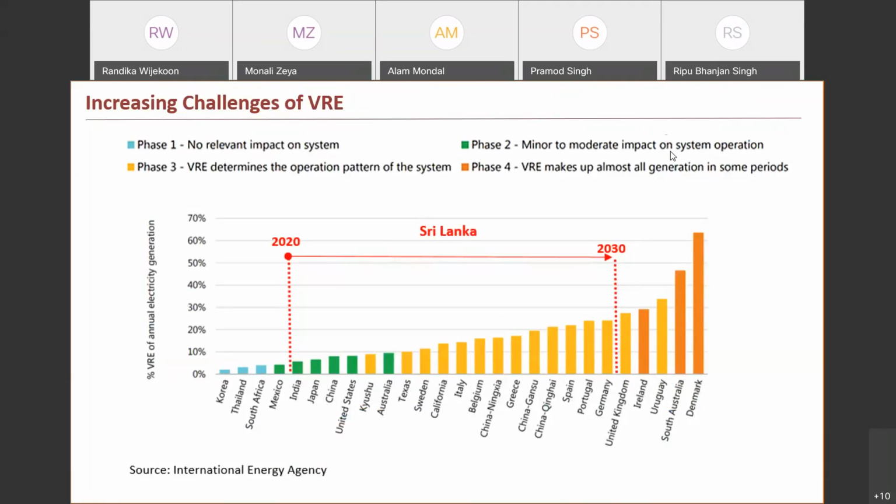With the kind of development we are expecting here in Sri Lanka, we expect to move from phase 2 to the end of phase 3, where we will experience more challenges, and our flexibility challenges will be much greater in the next 10 years' time and beyond.